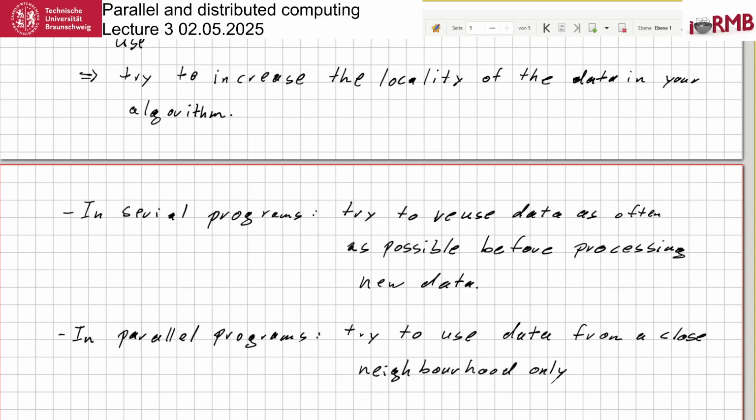So don't distribute the data that you need from very far away on the same process. By splitting up your problem in different parts, try to give each of the parts a very local amount of data.